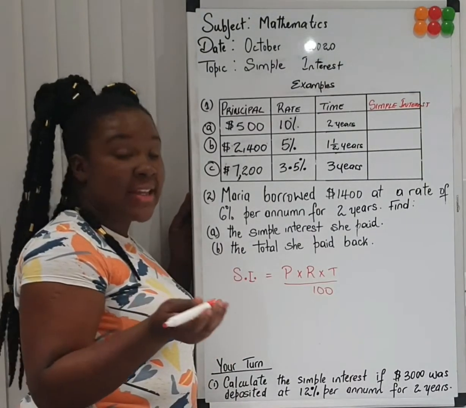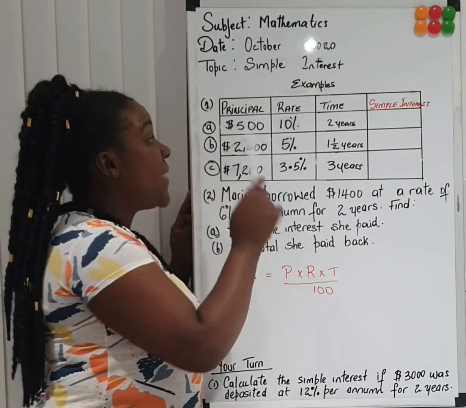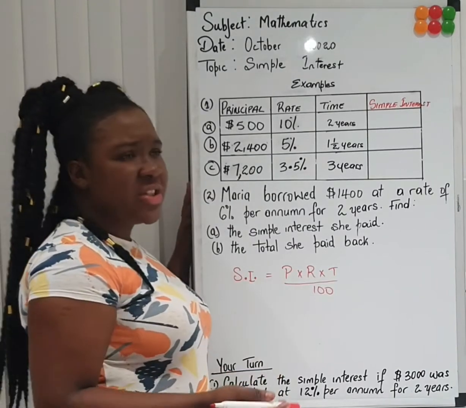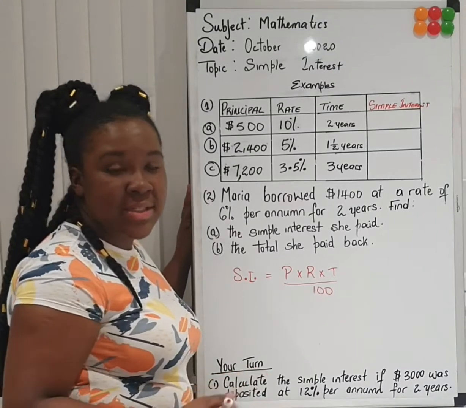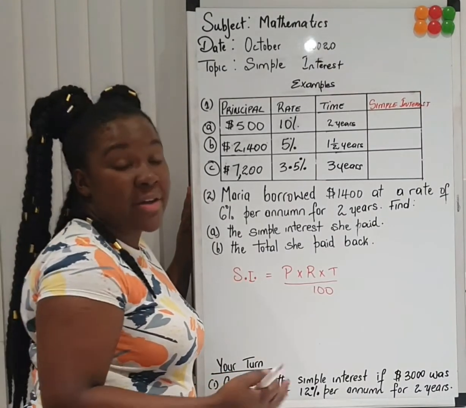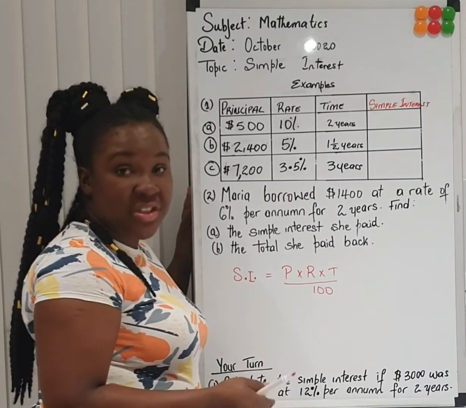We're going to go ahead and identify our principal. Our first principal is $500. For simple interest, it's like you deposited some money and you got some interest on it at the bank, or you borrowed some money from the bank and they charge you some interest.